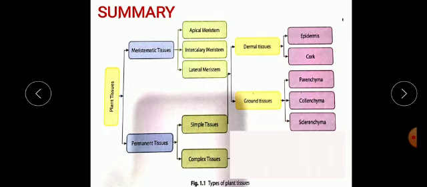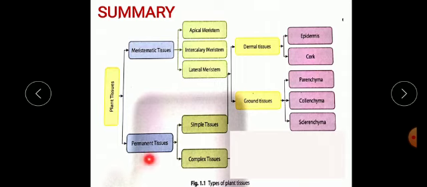So students, today we discussed permanent tissues, and if we summarize the chapter done till now, we have done plant tissues which are of two types, meristematic and permanent tissue. Meristematic tissues were of three types, apical meristem, intercalary meristem and lateral meristem.